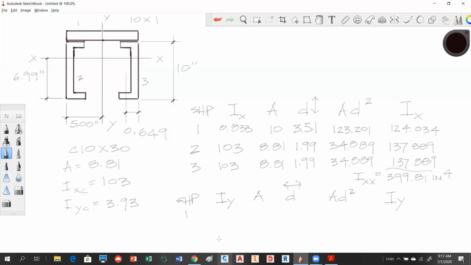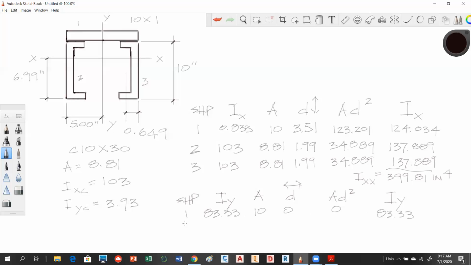So this is going to bring a lot more stiffness into that. That turns out to be 83.33. And notice the difference here is quite a bit different. Area is the same. Now D, because the composite y-axis is sitting right on top of the axis of this plate, D becomes 0. So in other words, it's not adding any more into it.